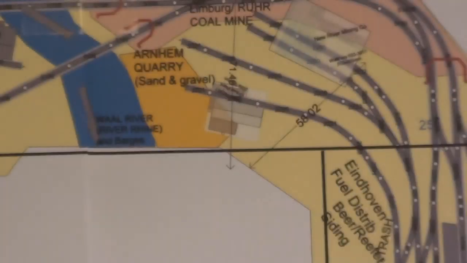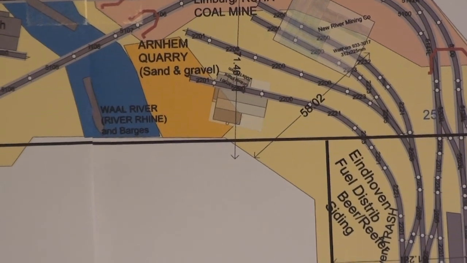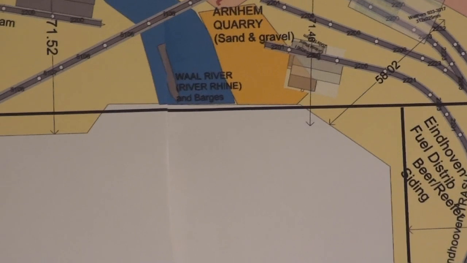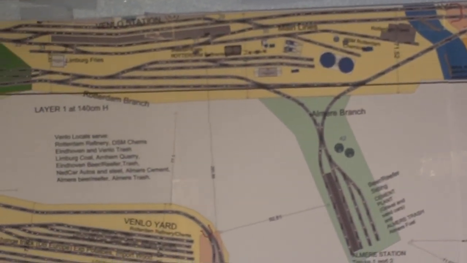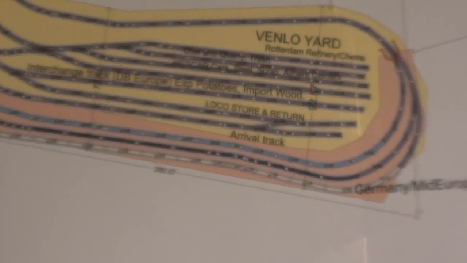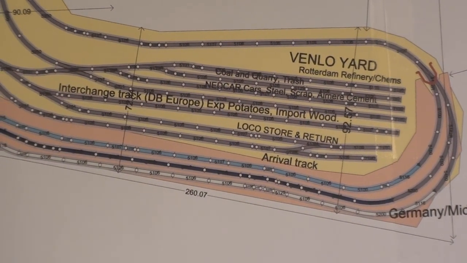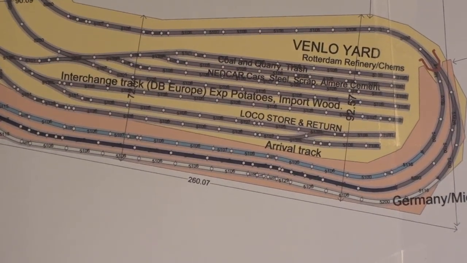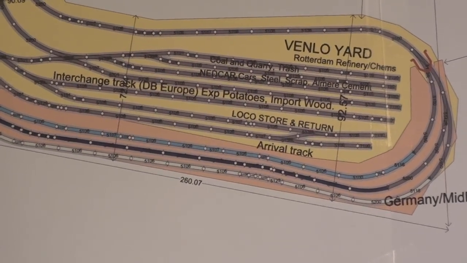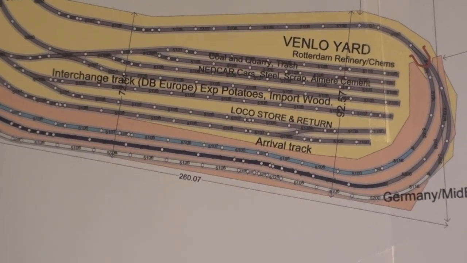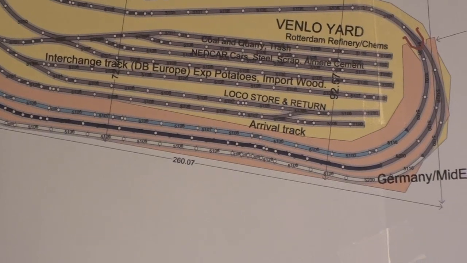Up here, completed loaded coal cars will be picked up by the local here and brought to Venlo yard here, where the yard master and local switches would then build a yard transfer train including the coal cars, and they would be with the yard transfer then brought to Kaifuk.